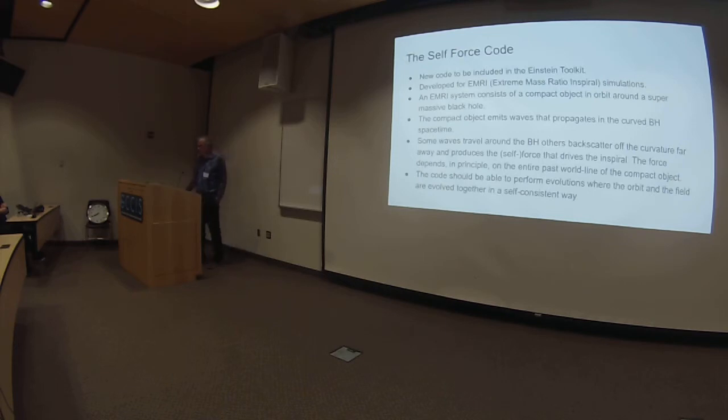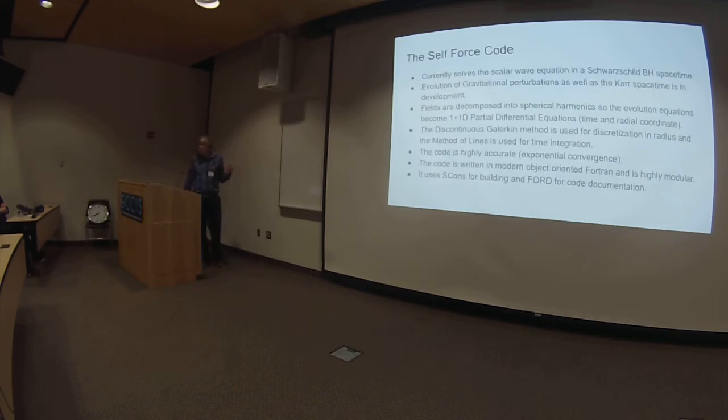An EMRI system consists of a compact object orbiting around a supermassive black hole, and the object emits waves that propagate in the curved background of space-time. Some of the waves will backscatter off the curvature and produce the self force that drives the inspiral. The force depends in principle on the entire past world line of the compact object, and the code should be able to perform evaluations for orbit and field all together in a self-consistent way.